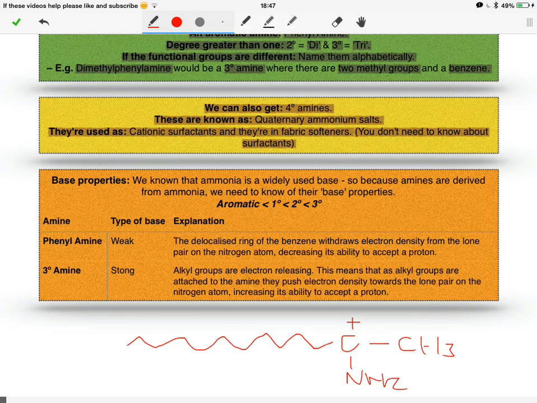And it's cationic because it'll be positive. So that's basically what a cationic surfactant is. If you didn't understand that, don't worry about it. You just need to remember what to say, and that's quaternary ammonium salts are used as cationic surfactants in fabric softeners.